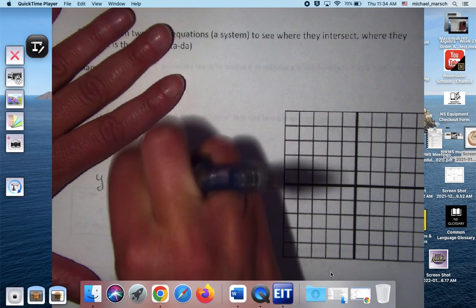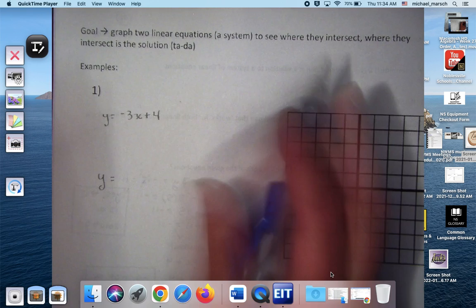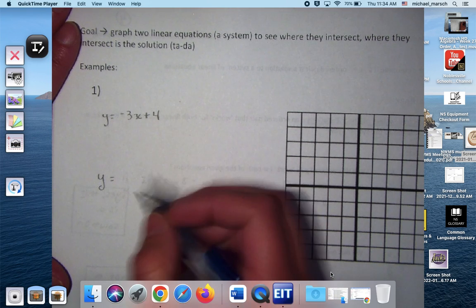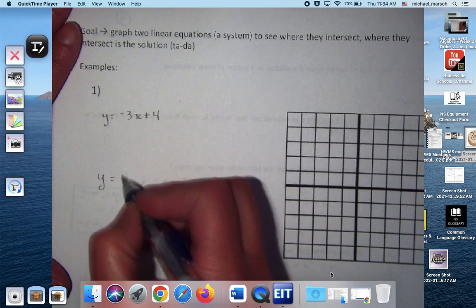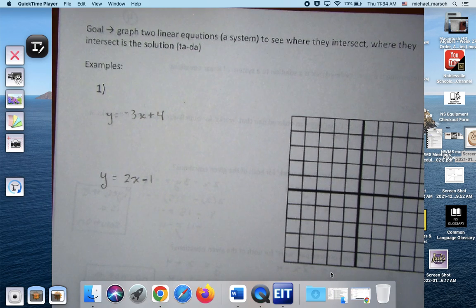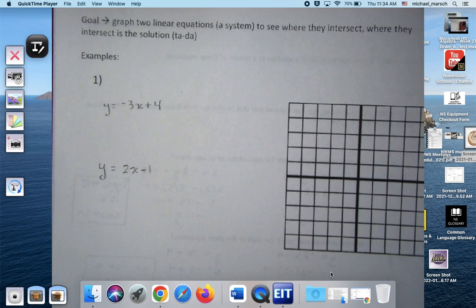Please make sure you leave some space here in between. We're going to write some stuff here. So we have y equals negative 3x plus 4, y equals 2x minus 1.